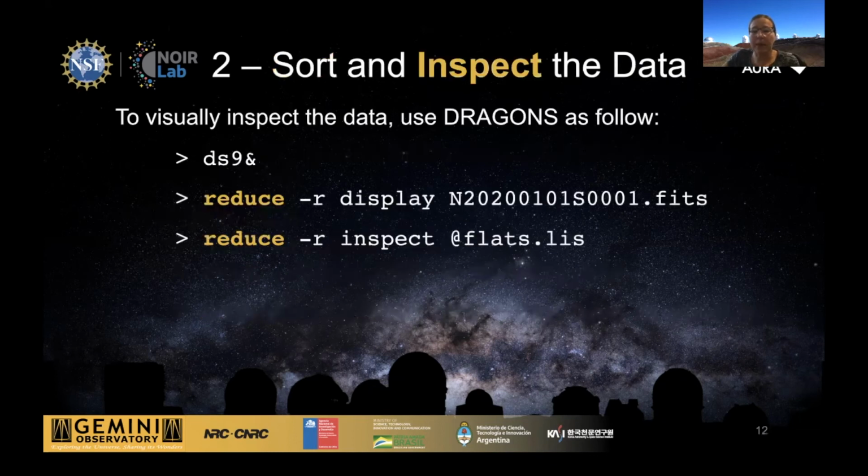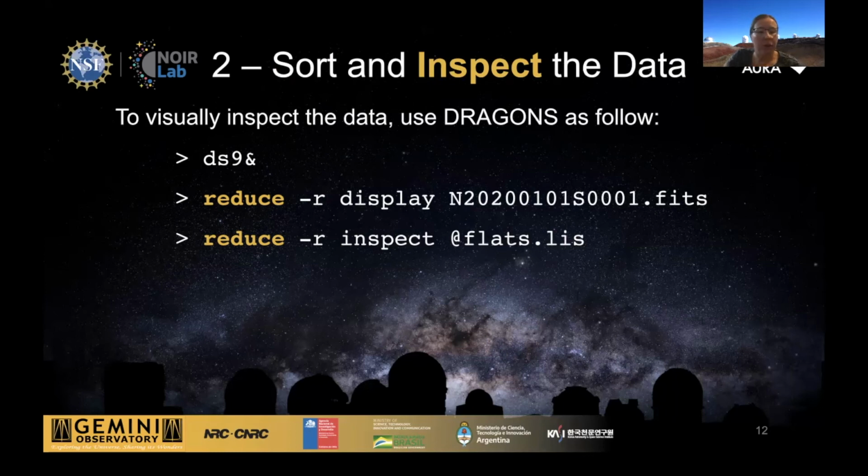And then inspecting the data, I think, is something that everybody should do. Just load DS9, a little display. You can use reduce to do that. So if you do reduce -r display as a primitive, you can look at one file, it will just display one file. In the context of getting ready for reduction, I like to use inspect, and this will loop through the data and add a little pause in between.